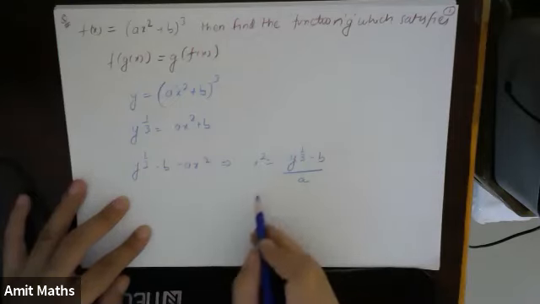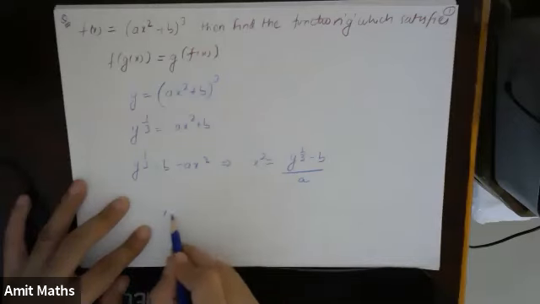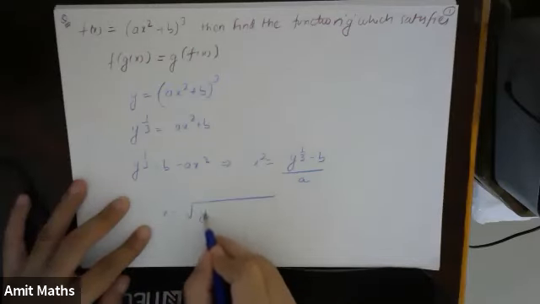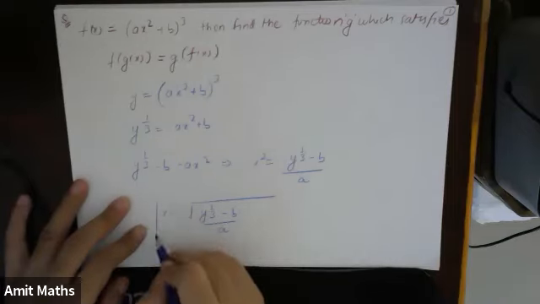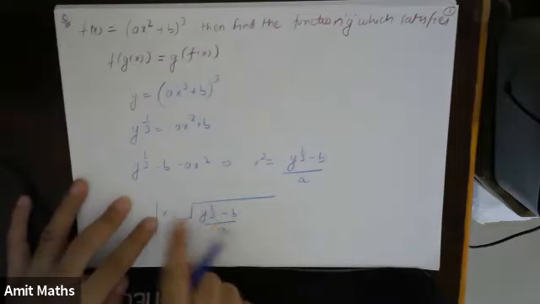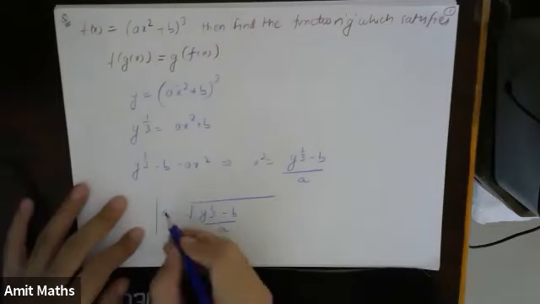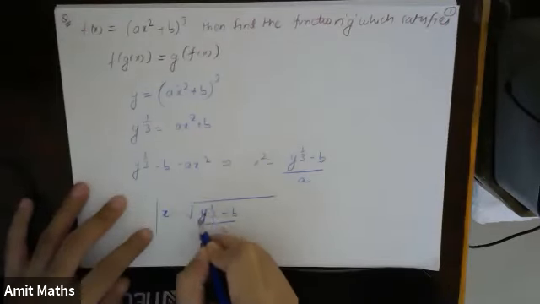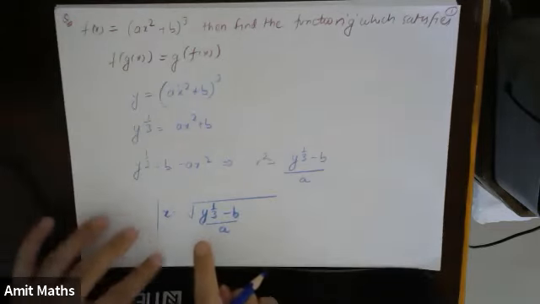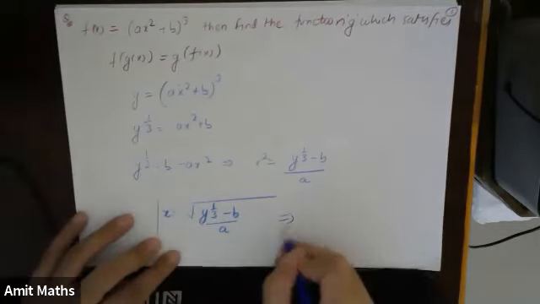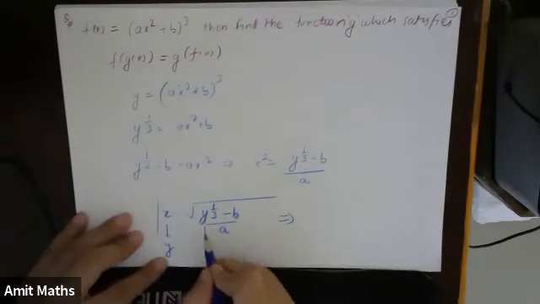Now I'll take the square root of both sides. So x is equal to under root of (y to the power 1 by 3 minus b) by a. So what is this? This is x in terms of y. So I'll write x as y and y as x.